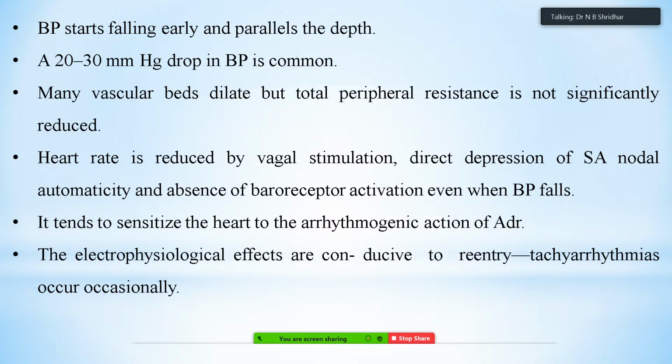Many vascular beds dilate, but total peripheral resistance is not significantly reduced, and the heart rate is reduced by vagal stimulation. Acetylcholine is secreted and the heart gets relaxed. Atropine is of course used as a pre-anesthetic to make the heart rate stable. There is also direct depression of the sinoatrial node, and absence of baroreceptor activation even when BP falls.